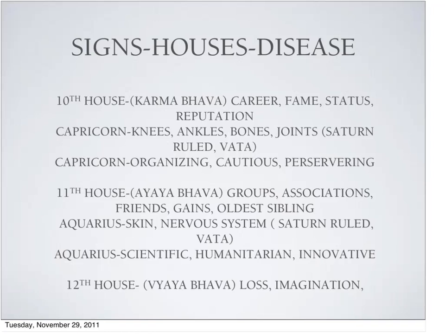Saturn being a dry planet, a slow-moving planet, is Vata in nature. Aquarius is also a sign that's very scientifically oriented.